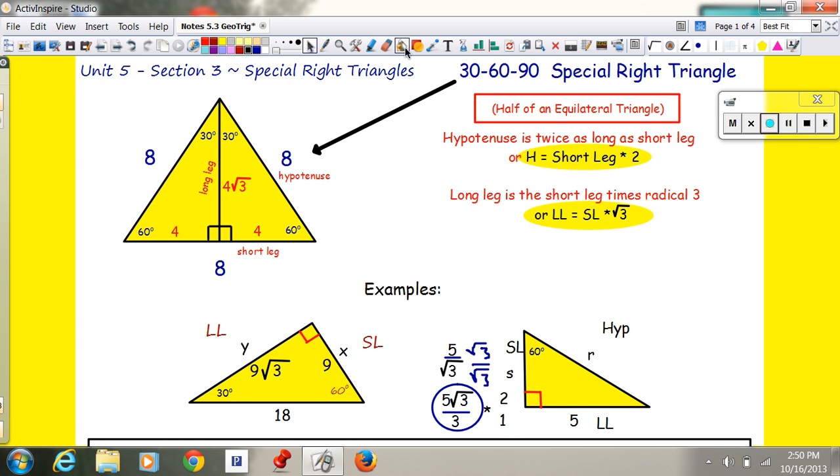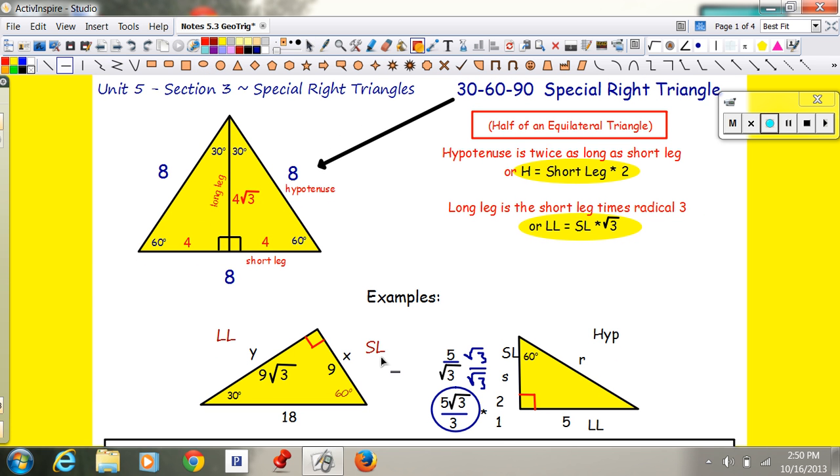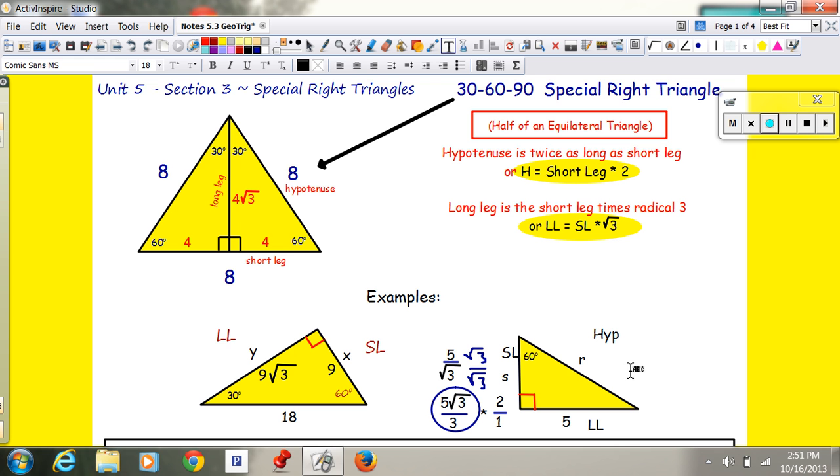So if I multiply it by 2 over 1, all I'm really multiplying together would be the 2 times the 5. The radical 3 is going to stay, and the 3 is going to stay because 3 times 1 is still 3. So what you're going to have over here is 10 radical 3 over 3. So that will be your hypotenuse.